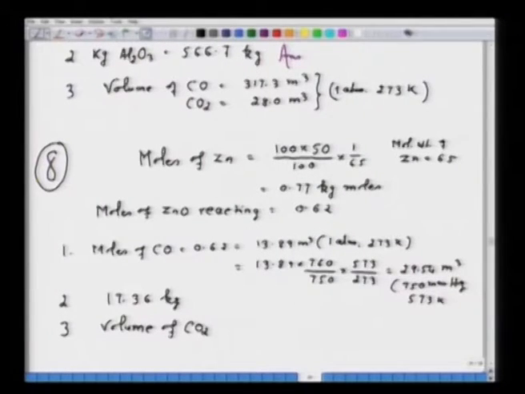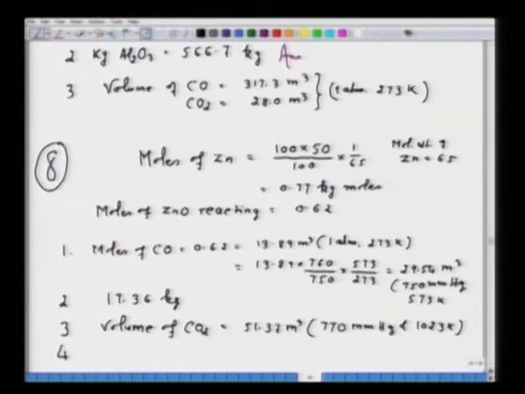You have to find out volume of CO2 formed at 750 degree Celsius and 770 millimeter pressure due to burning of CO. So, I will straight away write down the answer, you find out yourself, that is 51.37 meter cube at 770 millimeter mercury and 1023 Kelvin.